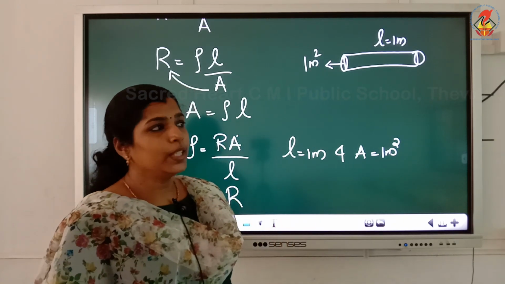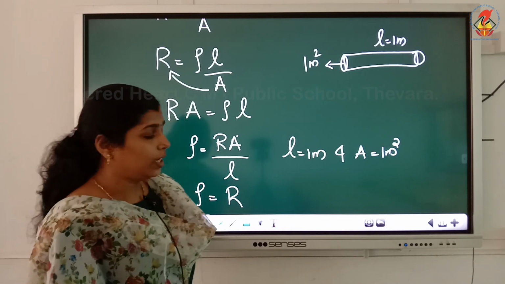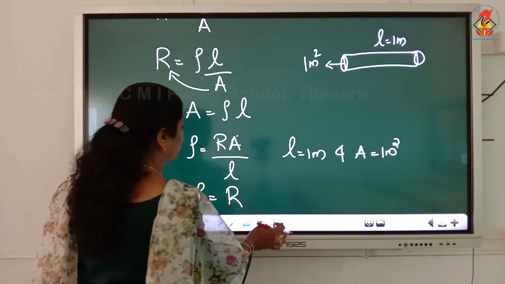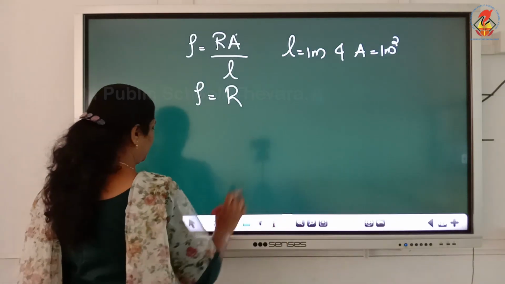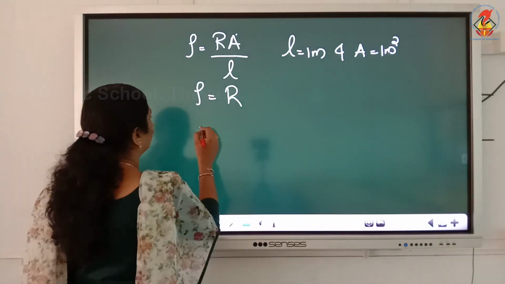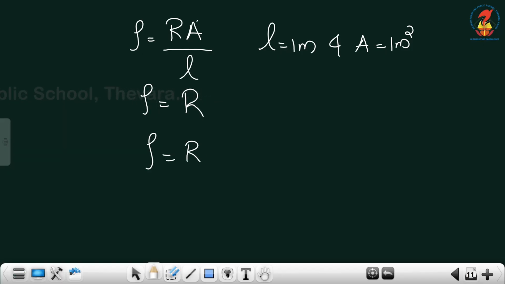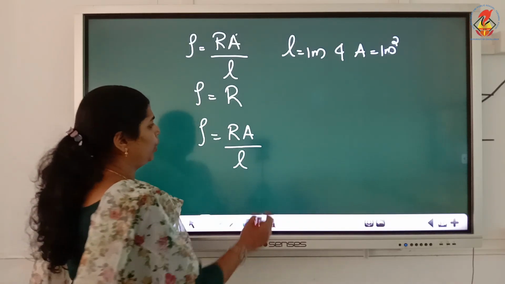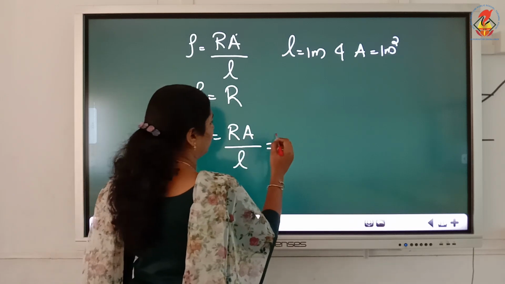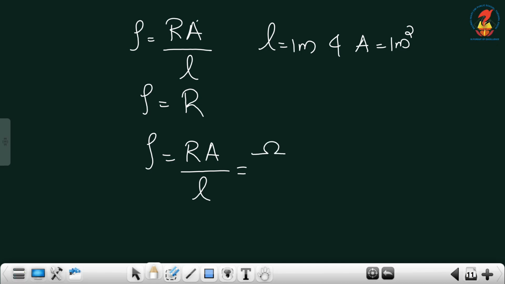Now, what is the unit of this resistivity? We will write the equation once again. Rho equal to RA by L. Now, what is the SI unit of R? That is ohm, represented by the Greek letter omega.